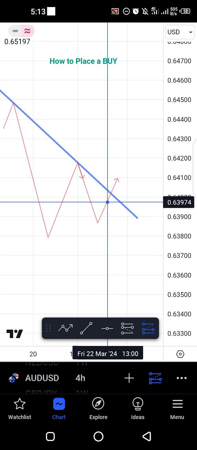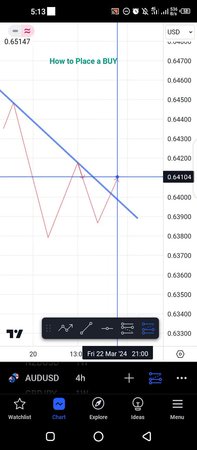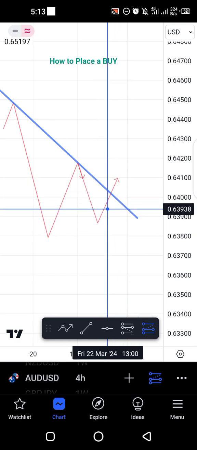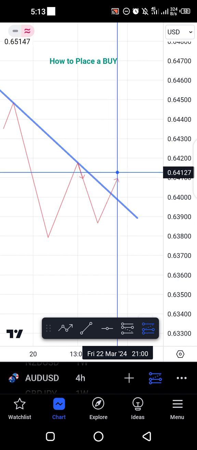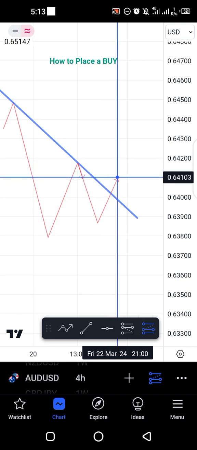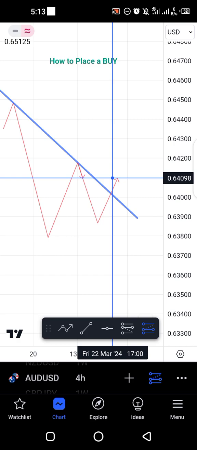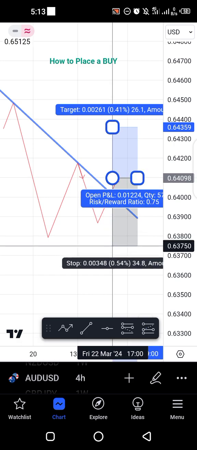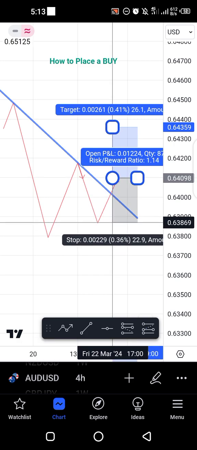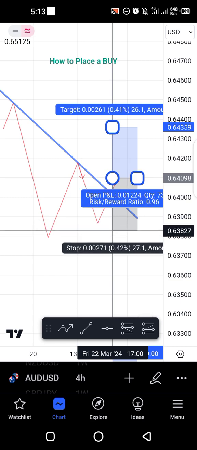You allow the breakout candle to close. The breakout candle will come and close with a body. Then you place your buy. Your stop loss should be below this low, although it will not be too tight. You have to give some room.